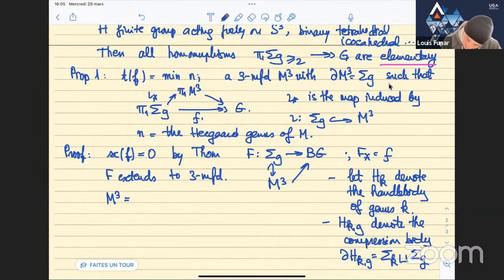So M3 has such a decomposition, a Heegaard decomposition, the union along some Heegaard surface of two handlebodies of this form.